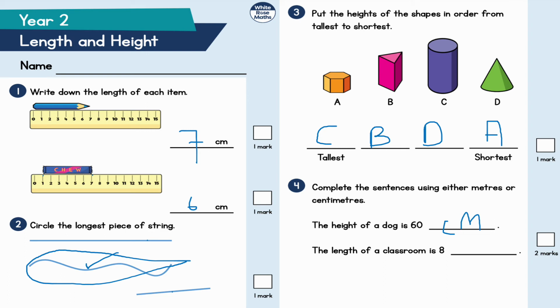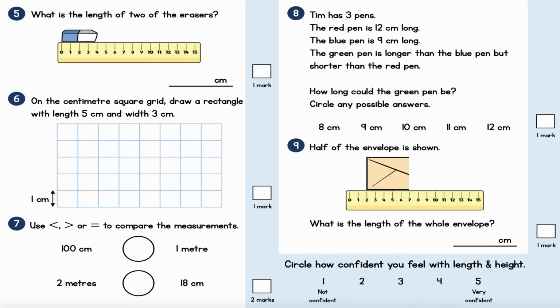The length of a classroom, I would say, is 8 meters. That makes a bit more sense, because if you think of a classroom, that's approximately 8 by 8, roughly, as a rough estimate. Or a generic classroom, I shouldn't say every classroom.